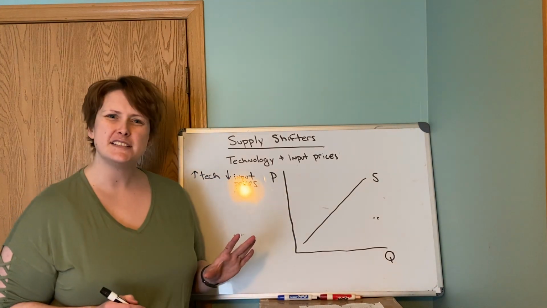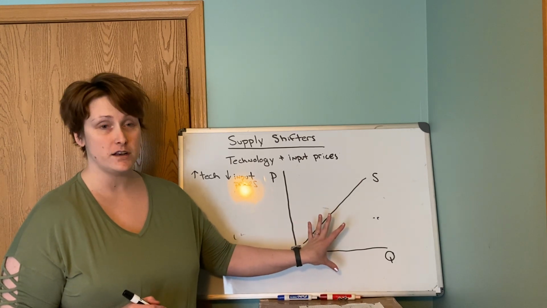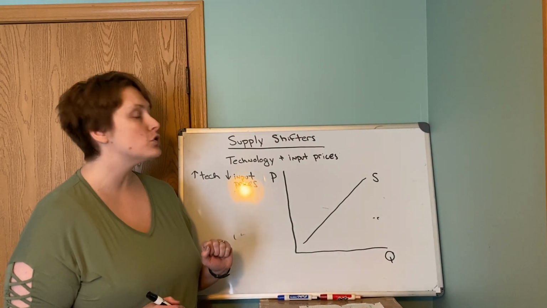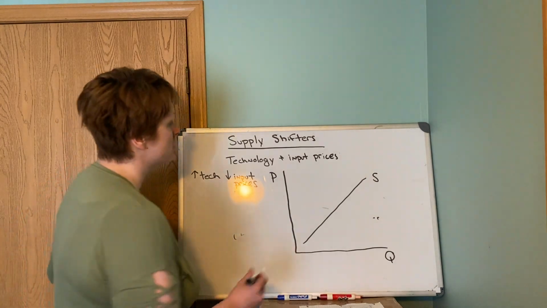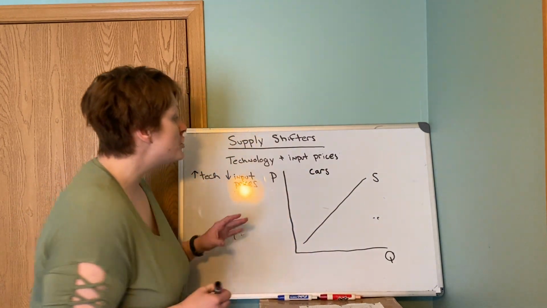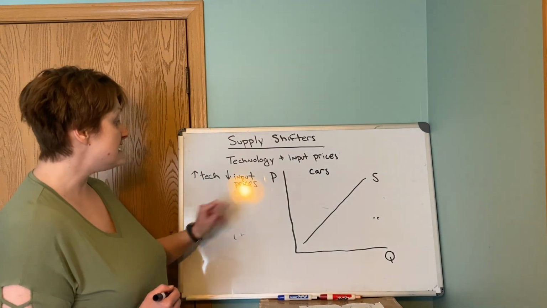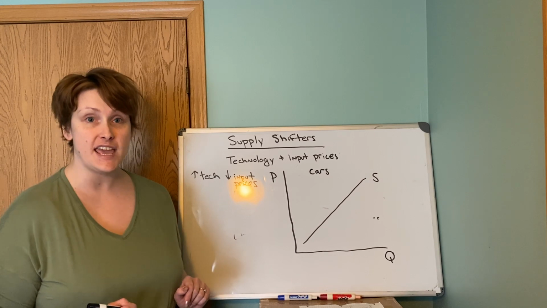So input prices are not necessarily the same thing as the market we're looking at. So let's say we're looking at a market for cars. And we're talking about technology for making steel. Steel would be an input price in this case.